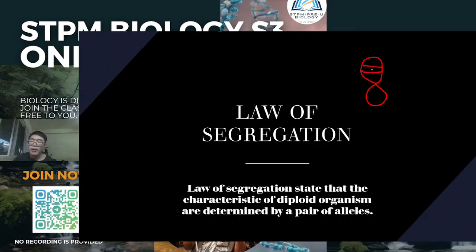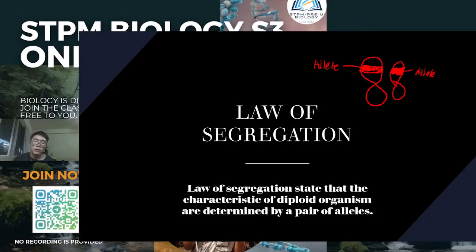This is what we call an allele, and the entire thing is the gene. Normally humans have a pair of chromosomes, but for one gene there is only one allele.